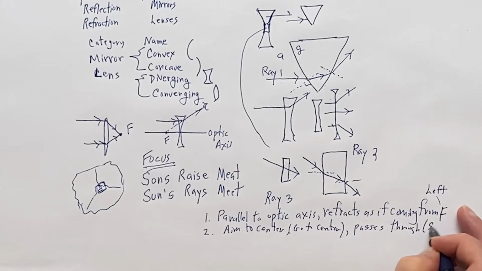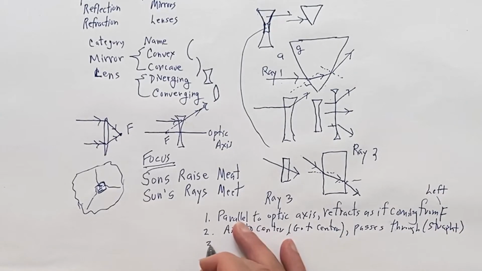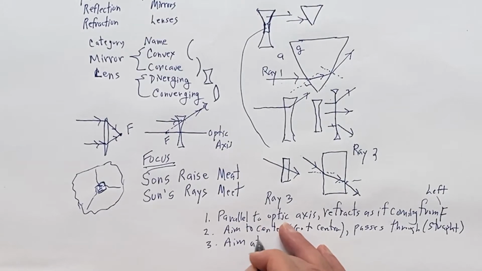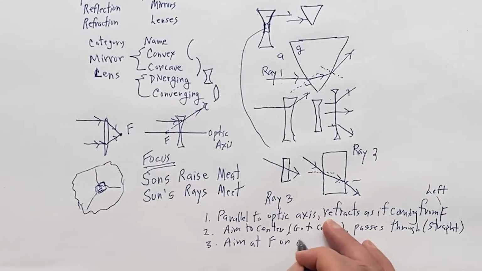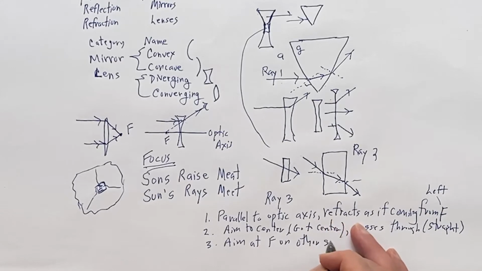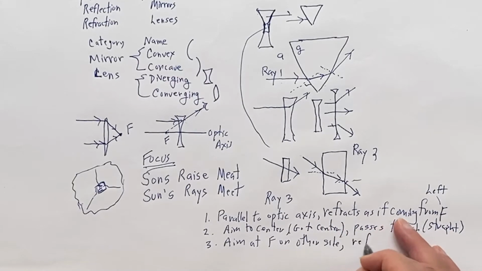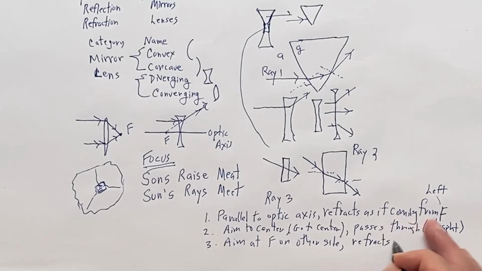You might want to say in parentheses straight, so it's straight through. And then 3, you're going to aim at F on the other side, and then you refract. I'll say it refracts parallel.